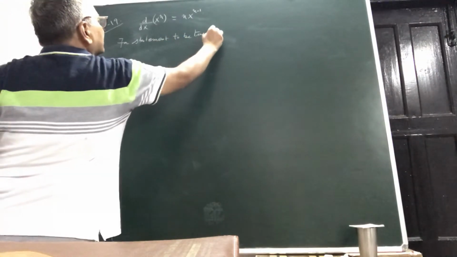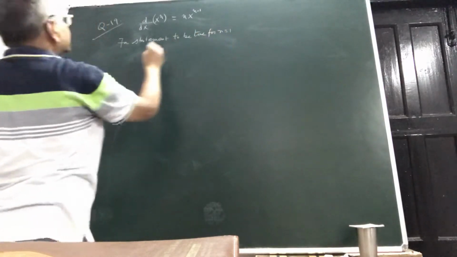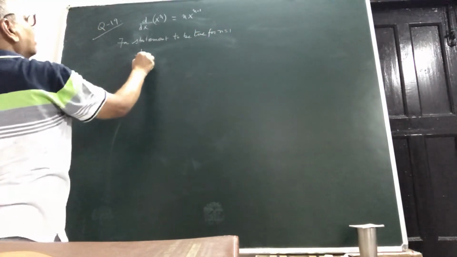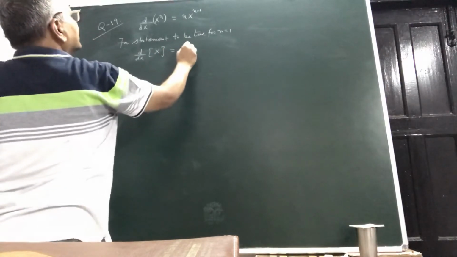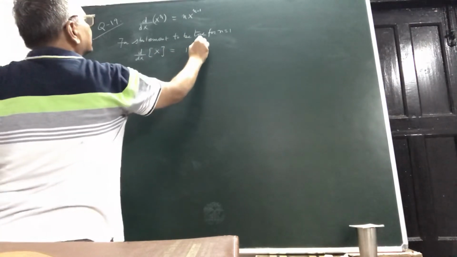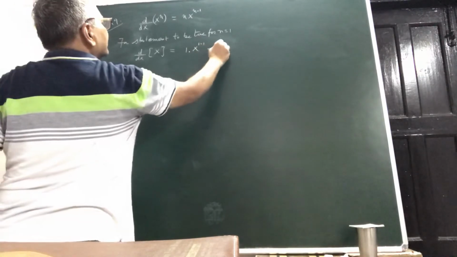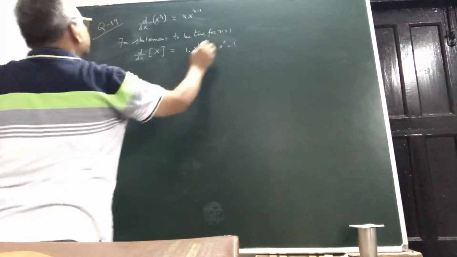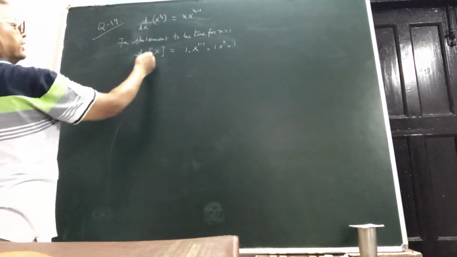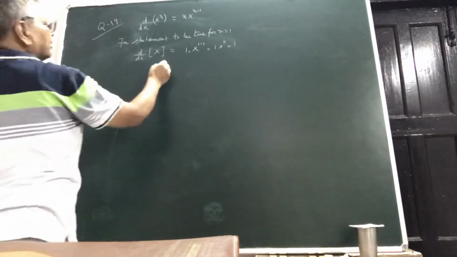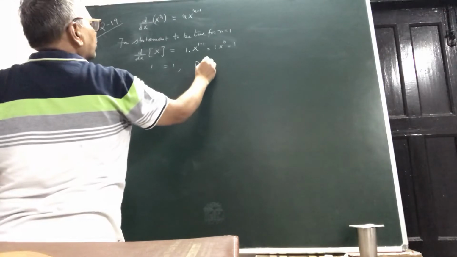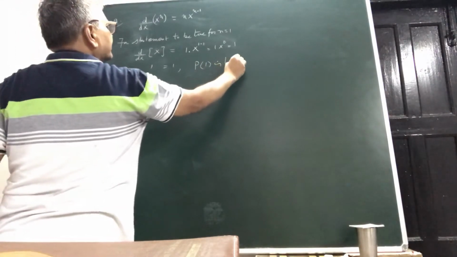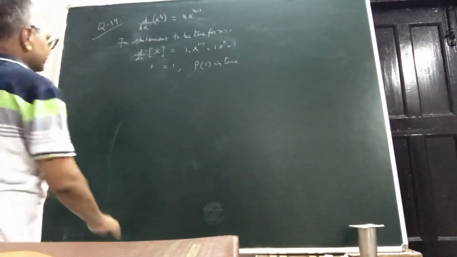For n is equal to 1, d by dx of x should be equal to 1 into x raised to power 1 minus 1, that is 1 into x raised to power 0, that is 1. And it is indeed, because you know d by dx of x is 1. So 1 is equal to 1, so P1 is true.